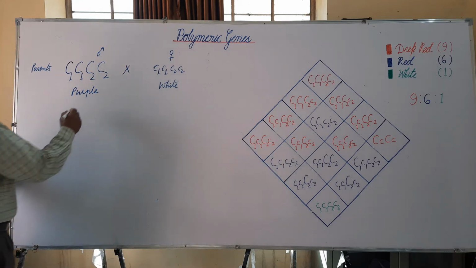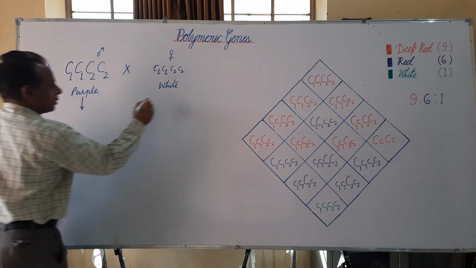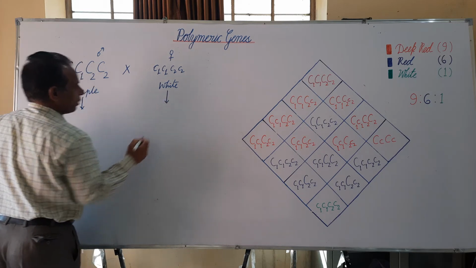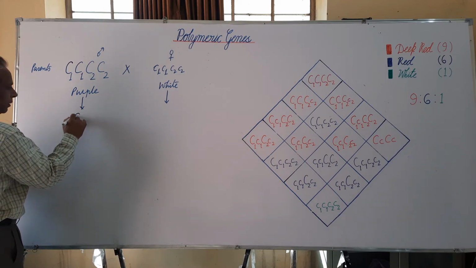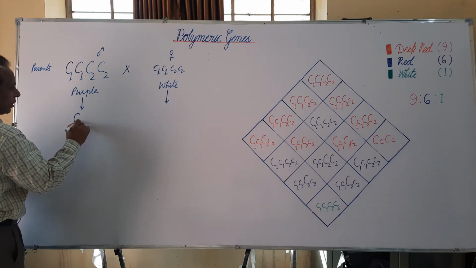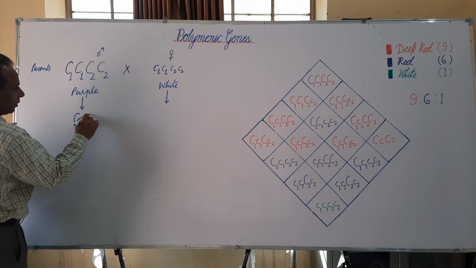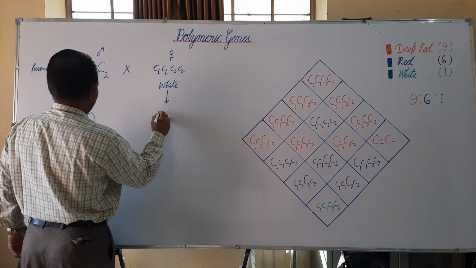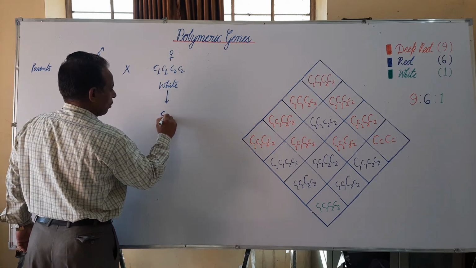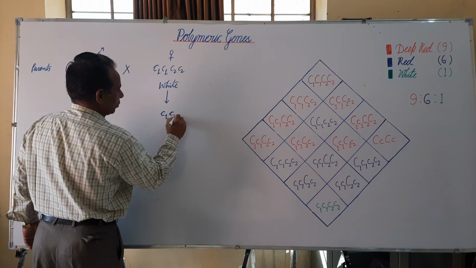We know a homozygous plant always produces one type of gamete. So from the deep red plant, the gamete contains the genotype capital C1, capital C2, and the white parent possesses the gamete small c1, small c2.